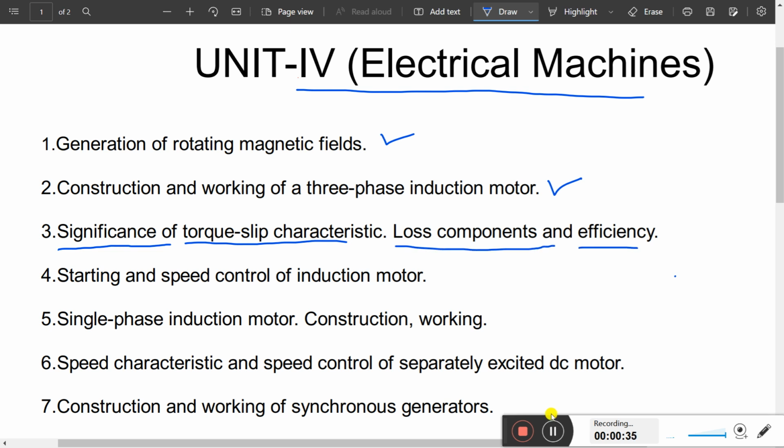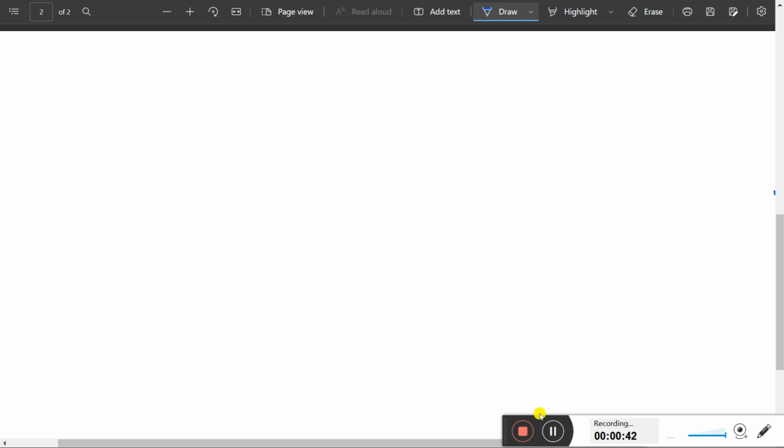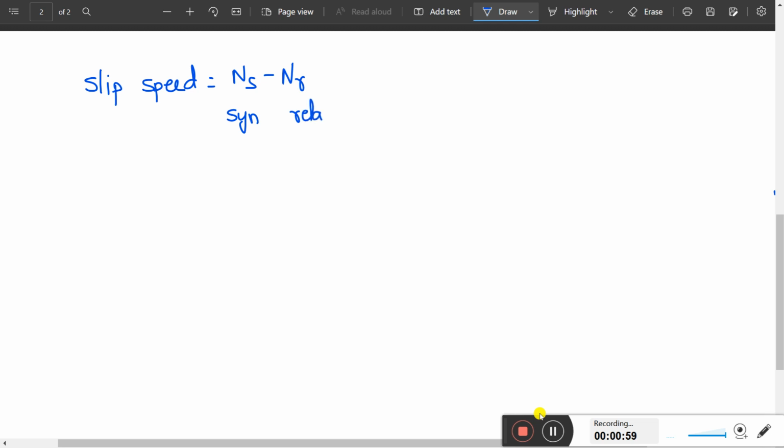Before going to deal with this topic, we should know what is meant by slip, what is meant by torque. Try to observe slip. Generally, the slip speed is equal to Ns minus Nr, where Ns is the synchronous speed and Nr is the relative speed.